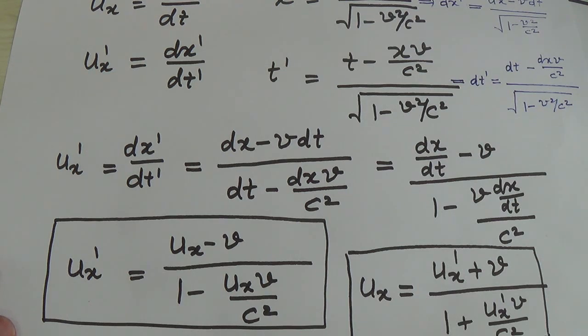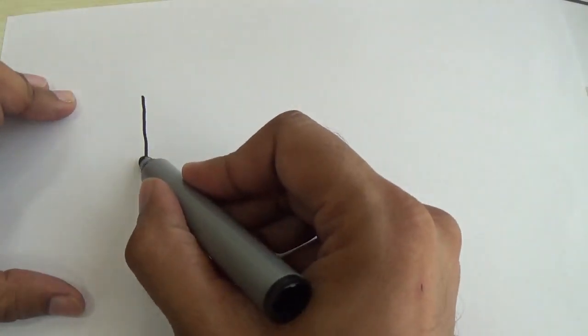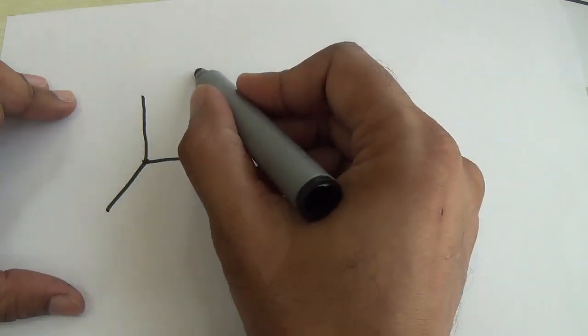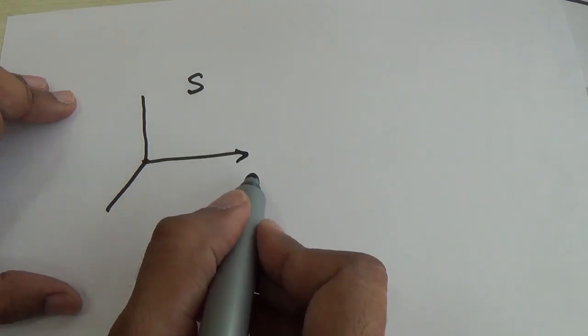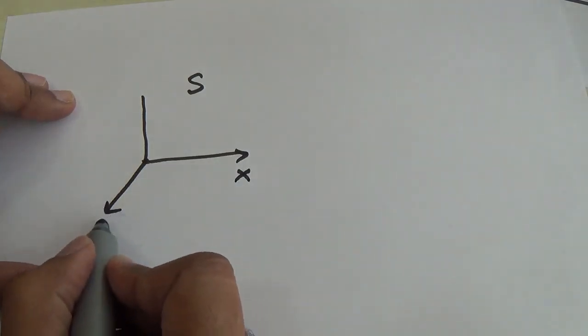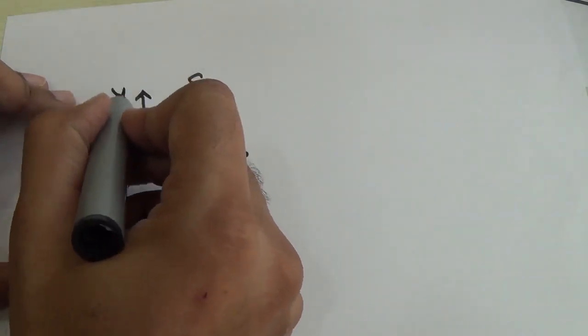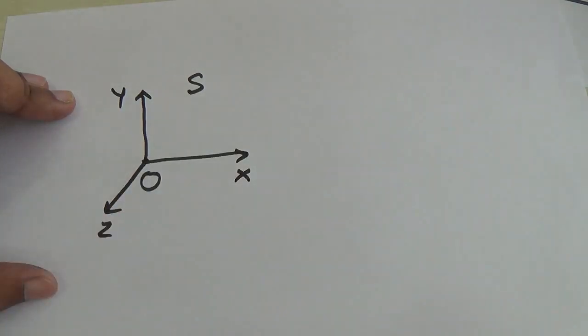You know that we have a frame of reference. Everything we are defining by using the frame of reference. So I will try to make this concept clear again here. This is our S frame, that is a stationary frame, with coordinates x, y, z, and the observer is here.